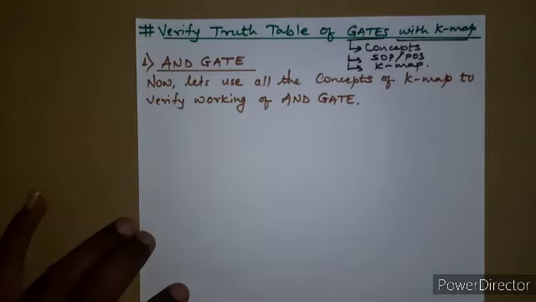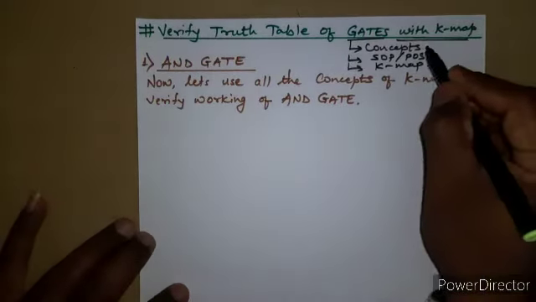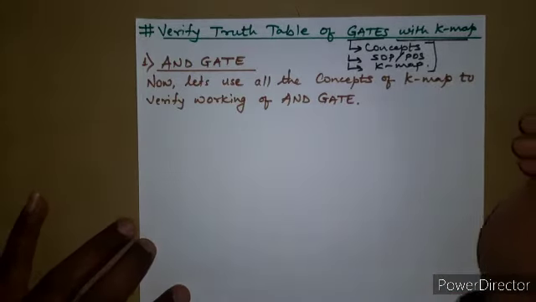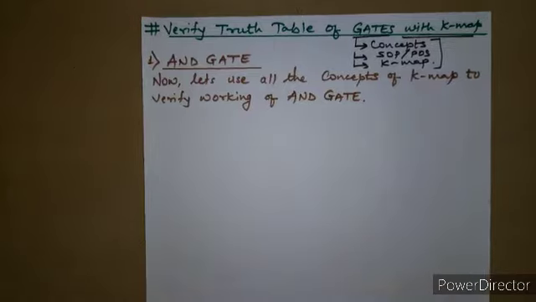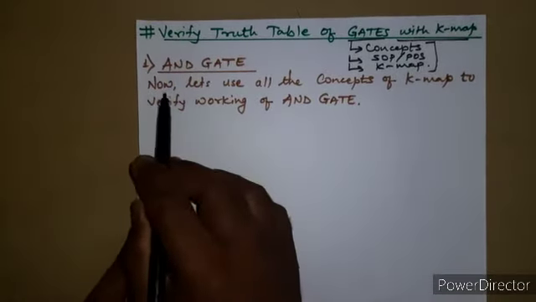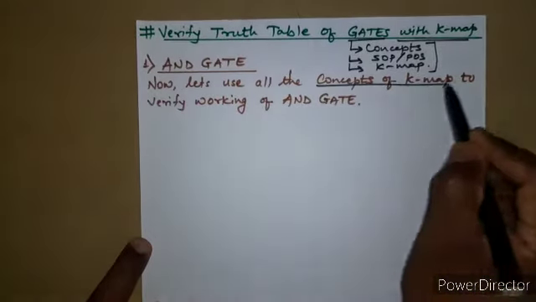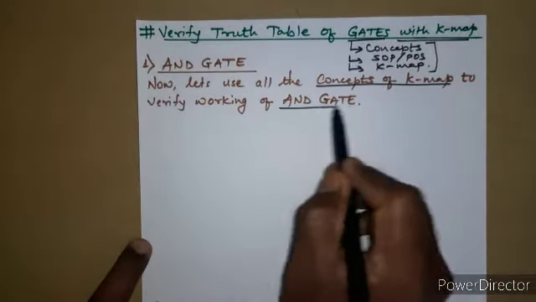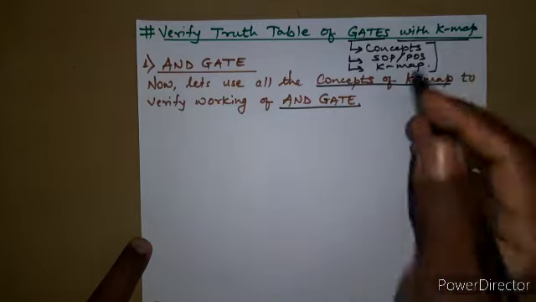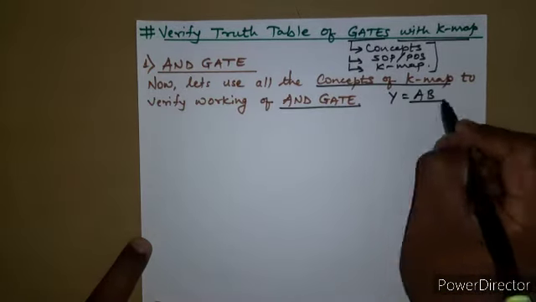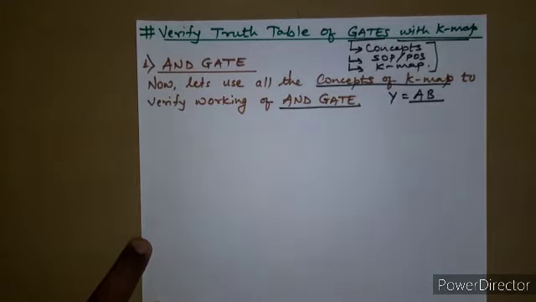This is the beauty of digital circuits: one concept you can verify in 3 different ways. So let's see the AND gate. Let's use all the concepts of K-map to verify the working of the AND gate. For the AND gate we know that Y equals AB is the equation.